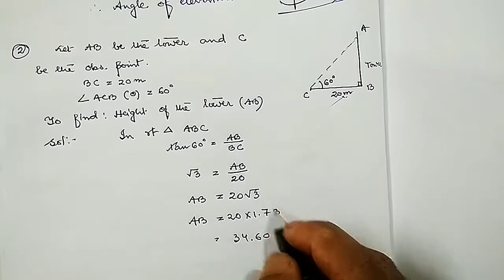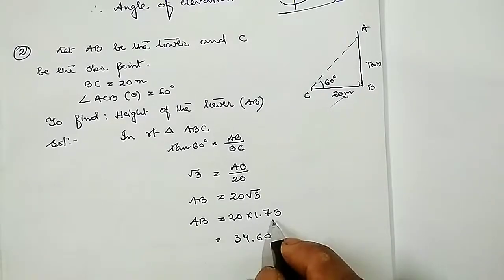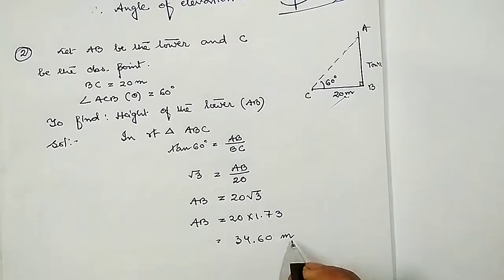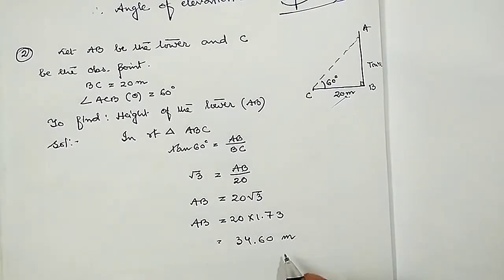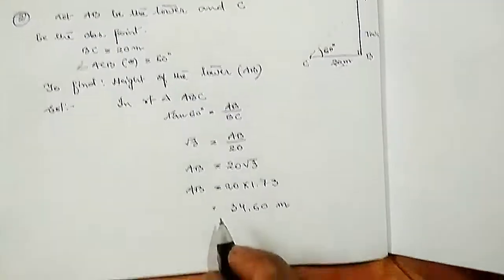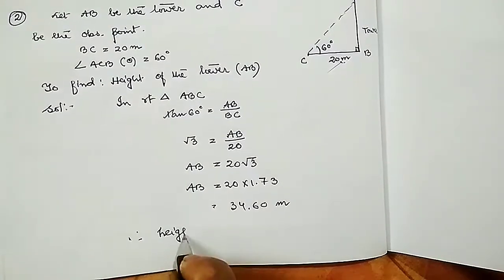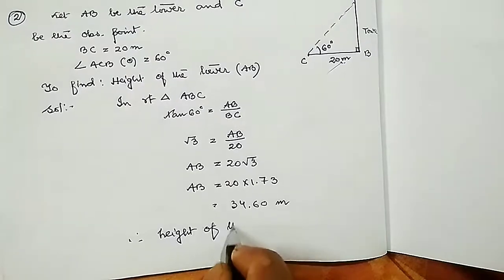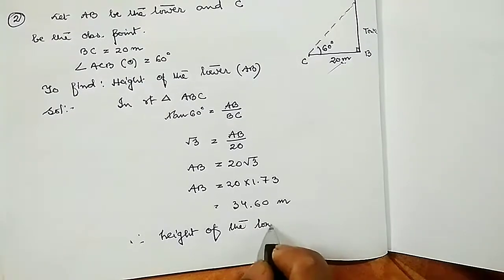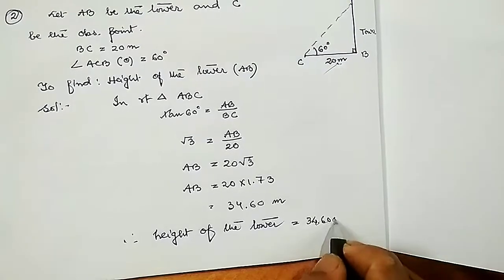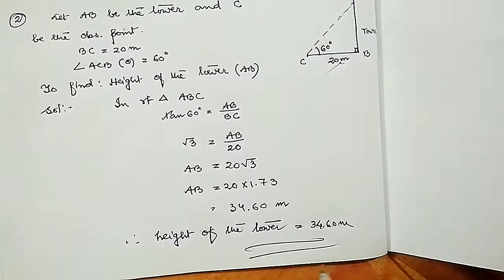And if the value of root 3 is provided in the question, then use that value and find the height of the tower. So we got 34.60. Therefore, the height of the tower is 34.60 meters. I hope this one is clear.